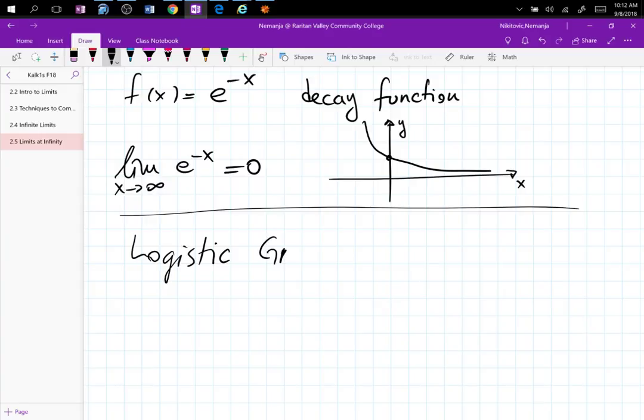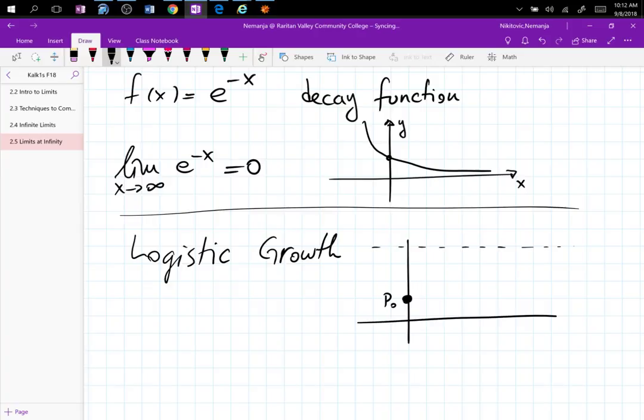If you look at the graph, you are going to have initial population P0, and you are going to have exponential growth, and then it's going to even out, and then it's going to approach this value K. Well, that's actually the L we talked about.